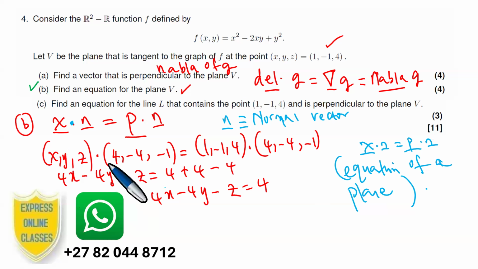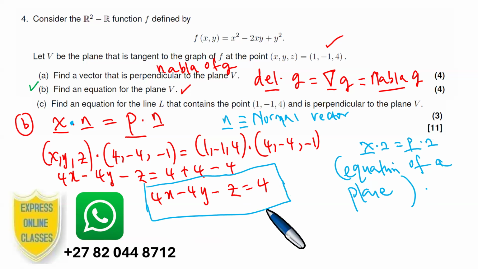Z times minus 1 is minus z. And then we have 1 times 4, which gives us a 4, minus 1 times minus 4, giving us a 4, and 4 times minus 1 gives us a minus 4. Then we simplify everything, get to this, and this is the answer.